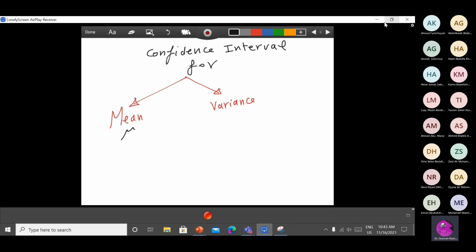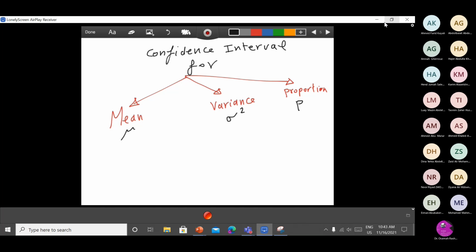And when I'm talking about a confidence interval for variance, I'm talking about the variance of the population. And then I end up with proportion. This is the proportion of the event in the population, I call it P. And it is a fraction less than 1, of course.